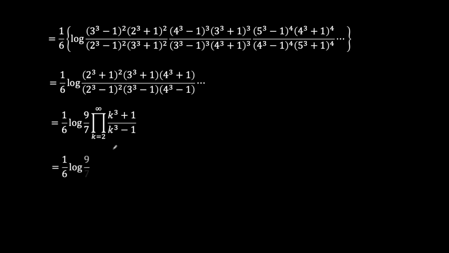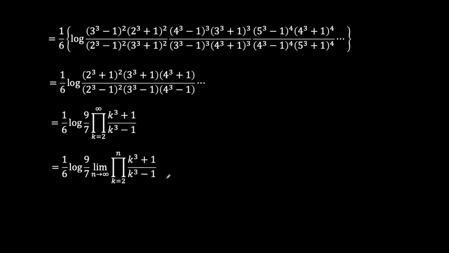So next, this is obviously 1 over 6 times natural logarithm of 9 over 7 times the limit as n tends to infinity of the product from k equals 2 to n of k cubed plus 1 over k cubed minus 1.